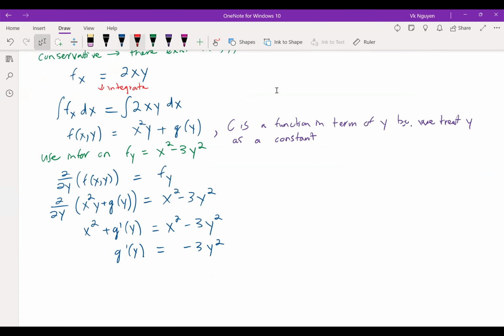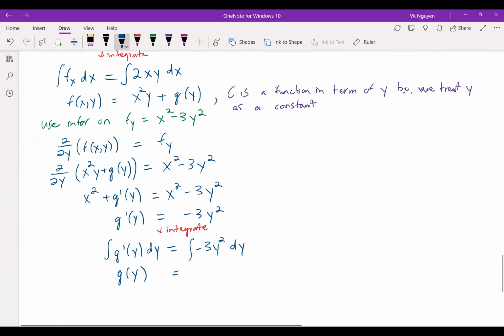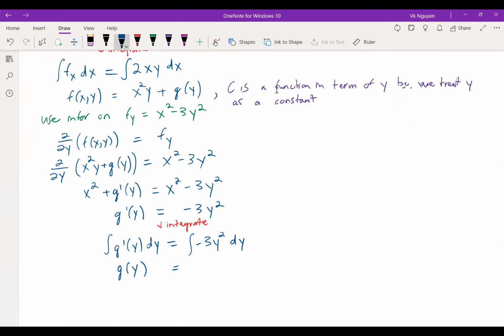And then integrate both sides. Integral of g prime y dy is integral of minus 3y squared dy. So that means g(y) is, well, minus y cubed plus c.